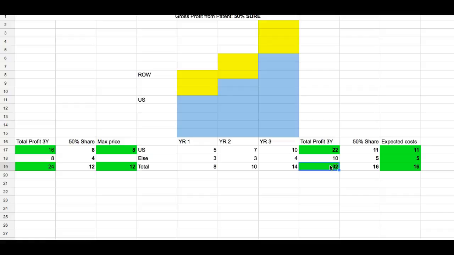Uncertainty, right? You're going to be more conservative if you want to be more sure. Conservative means that there's a lower likelihood of actually reaching that.